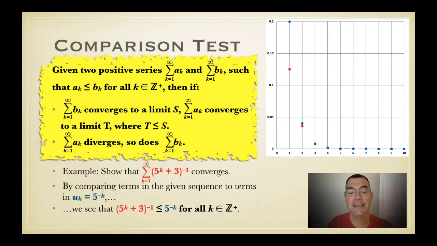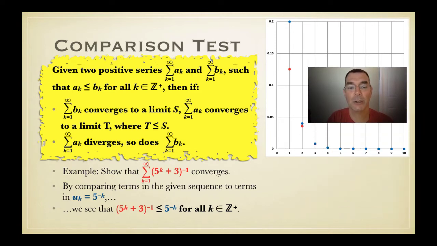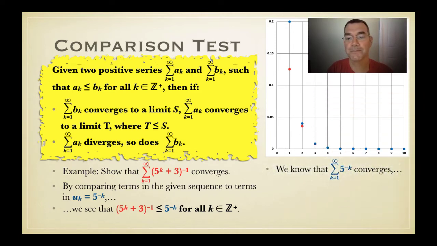So what that means is I know that 5 to the negative k converges. We've talked about that. So that means that something that is consistently less than that will always converge. So if you can find a sequence or a series to compare the one you're given to, and it converges, then the one that we're given is also going to converge.